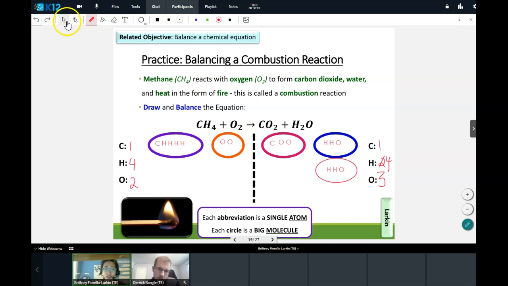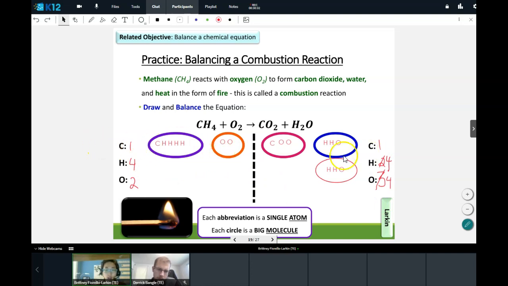So how many oxygens do we now have on the right side? Remember, there's oxygens all over the place, so count them all up. Not quite 3, right? There's some from the CO2, some from this H2O, and some from this H2O. Yeah, we actually have 4 oxygens now on the right-hand side. Okay, smiley faces, emojis in the chat if that makes sense. Again, you have to count up all the oxygens on the right-hand side, all of them.